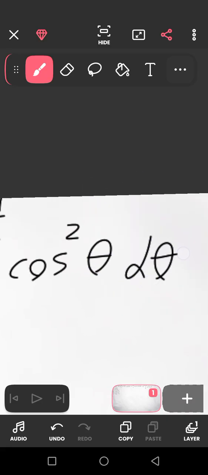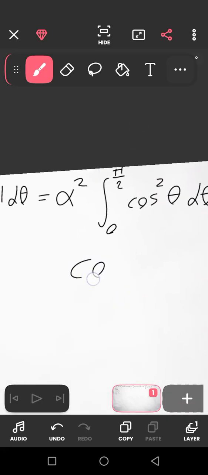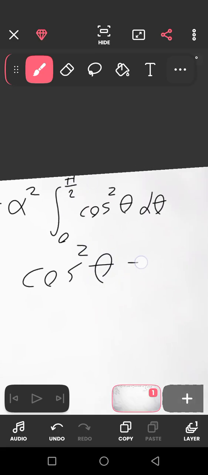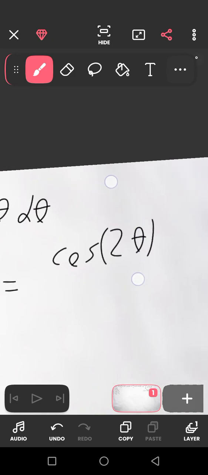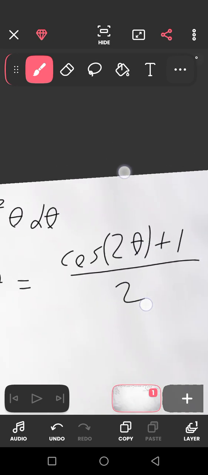Now here's another trig identity: cos squared theta is equal to cosine of 2 theta plus 1, all over 2.